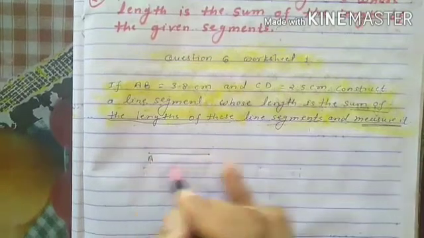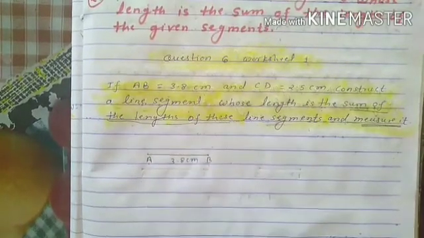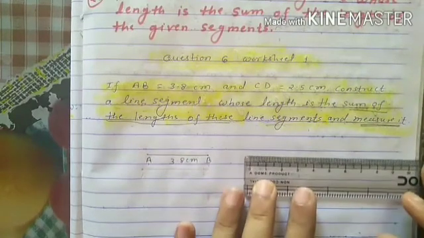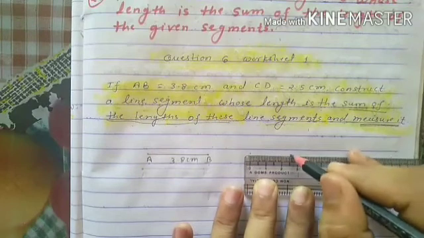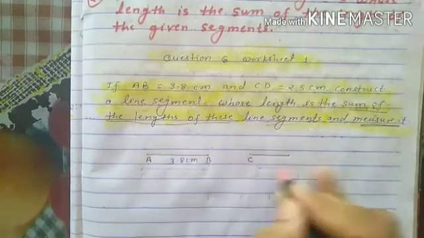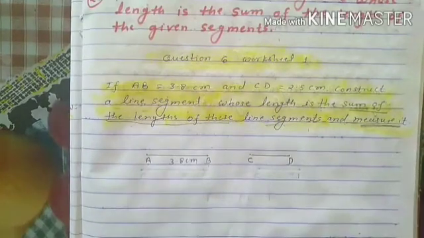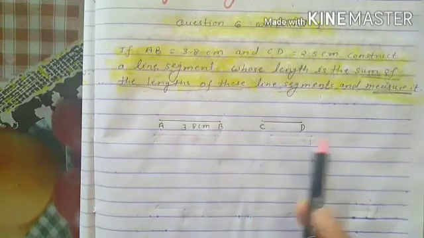AB is equal to 3.8 centimeter and CD is equal to 2.5 centimeter. This is CD. Now we have to construct a line segment whose length is equal to AB plus CD.